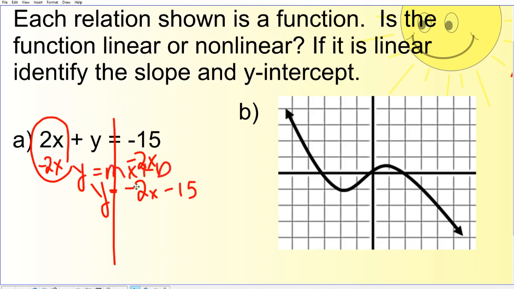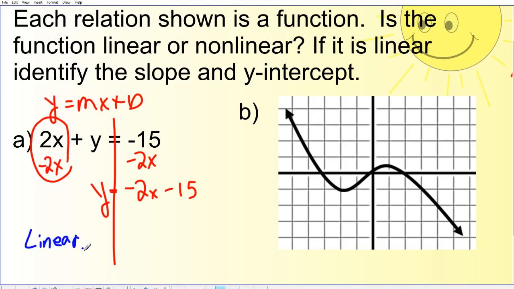Is this slope-intercept form, y equals mx plus b? Yep. So this is linear. I know that because it is in the form of a straight line.